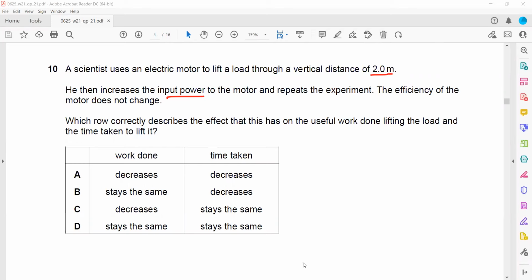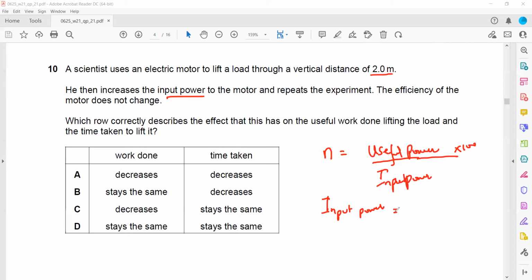Now, if efficiency is constant, the formula for efficiency is useful power divided by input power times 100. If I cross multiply, input power is equal to useful power multiplied by 100 divided by efficiency.